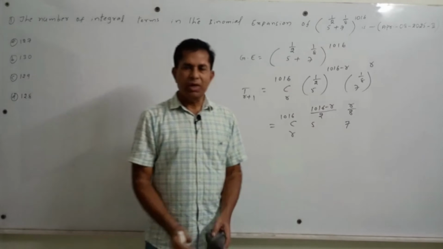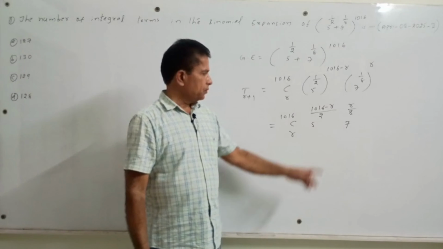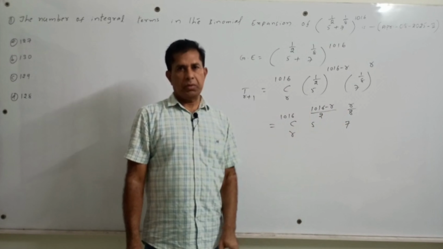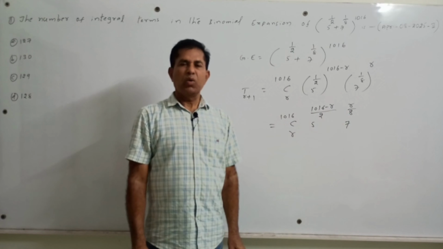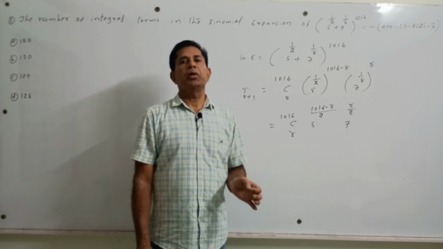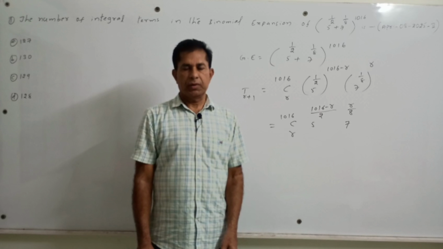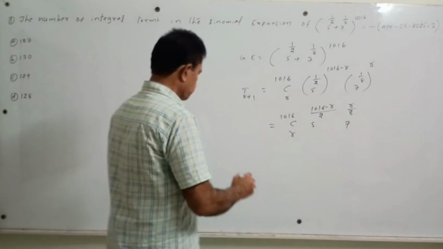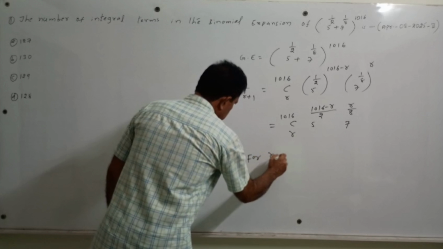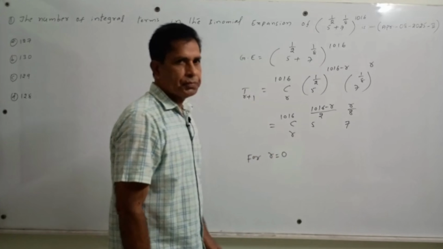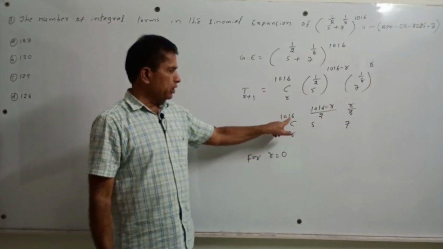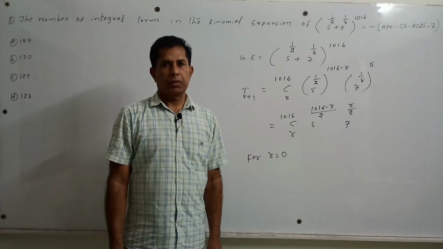For this term to be an integral term, there should not be an 8th root, and there should not be a square root. Now let us check for what values of r the 8th root and square root are both eliminated. Check one by one. I am checking for r equal to 0. r takes values from 0 to 1016.